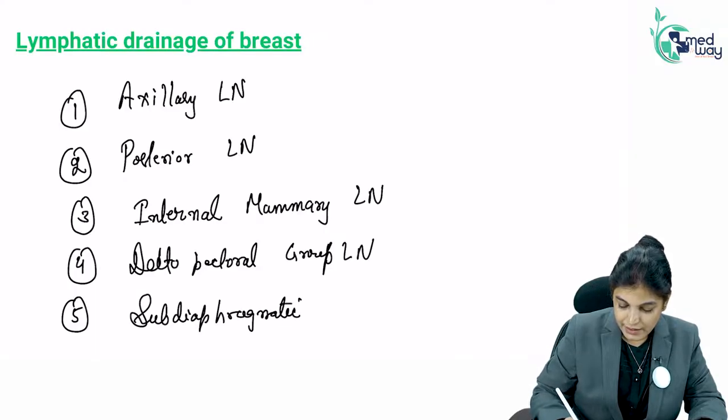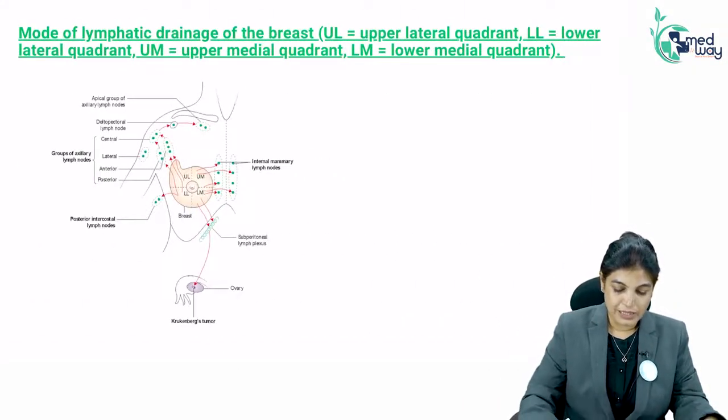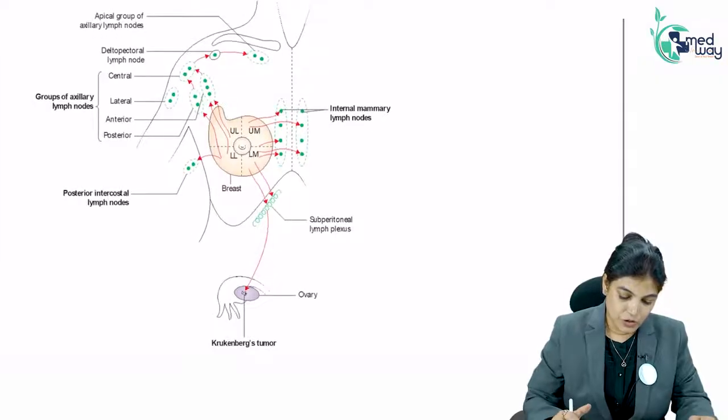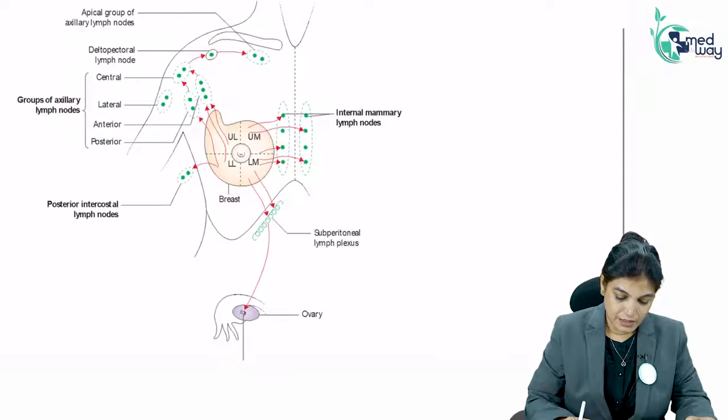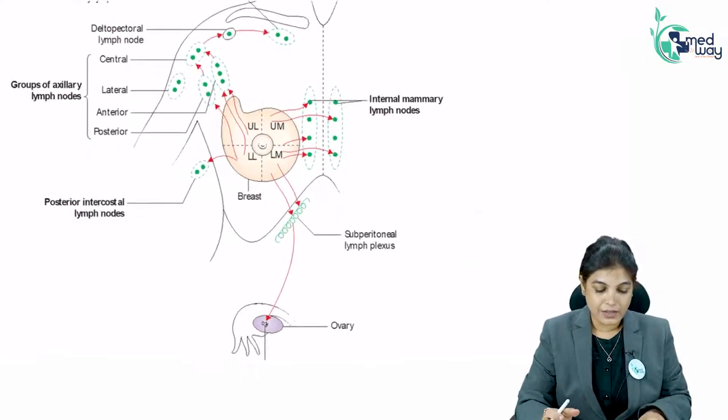So this is exactly the source of lymphatic drainage. Now I would like to show you an image for it so that you can understand. When I enlarge this image, you can understand how this happens.